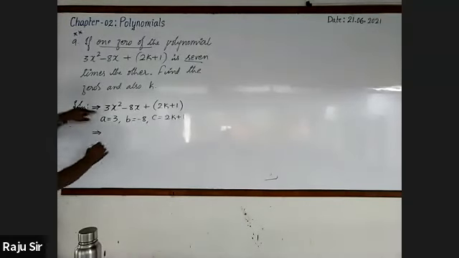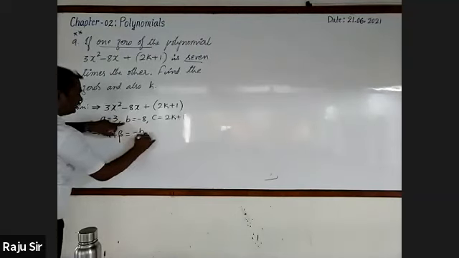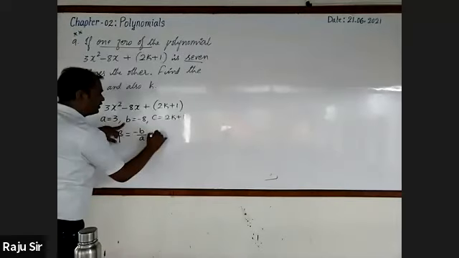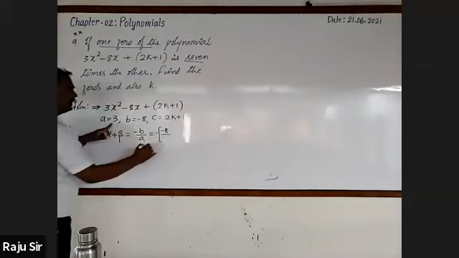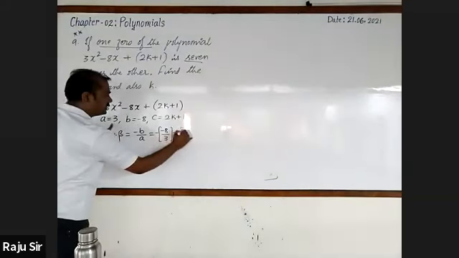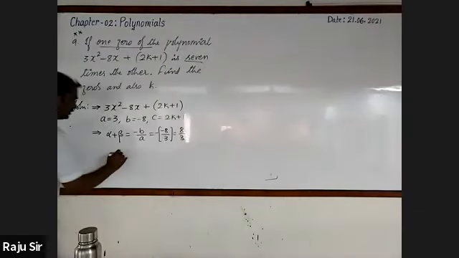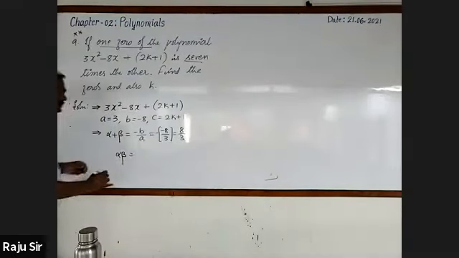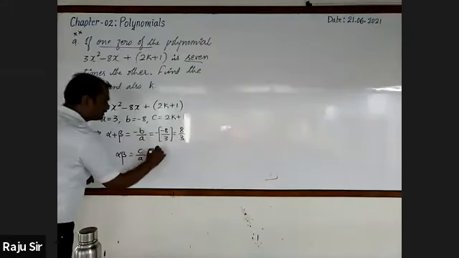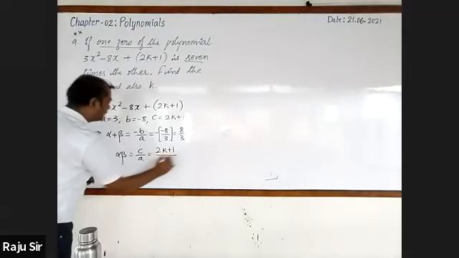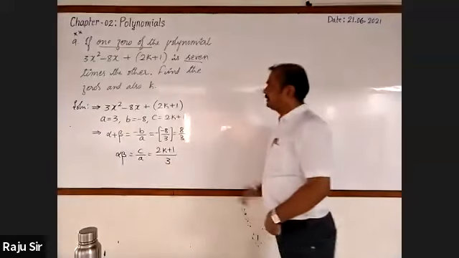Let me find the sum, alpha plus beta, equal to minus b by a, minus of minus 8 by 3, which is 8 by 3. Next, alpha into beta is equal to c by a, where c is 2k plus 1 and a is 3. We got the sum and product.